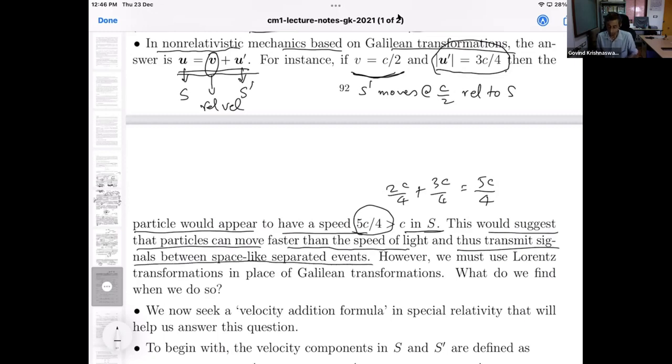Now this is a little bit problematic based on what we said about causality. And besides, we don't actually observe this thing happening. So we want to understand this velocity addition rule when we use Lorentz transformations in place of Galilean transformations. So what do we find when we do that?